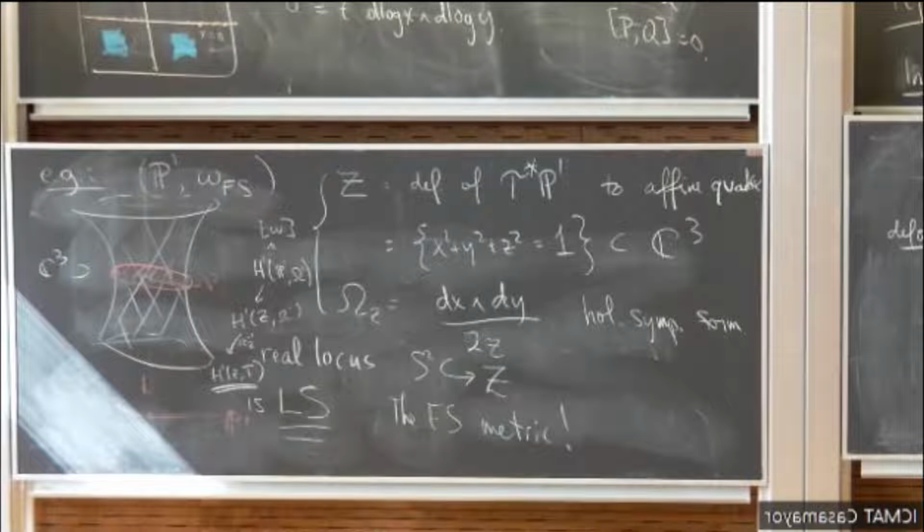And the maps are as follows: (x, y, a, b) goes to... okay, let me write the formula and then I'll explain where it comes from. So e to the minus t b multiplied by x, and y is left alone. And in this one, x is left alone, and we have e to the minus t a x multiplied by y.